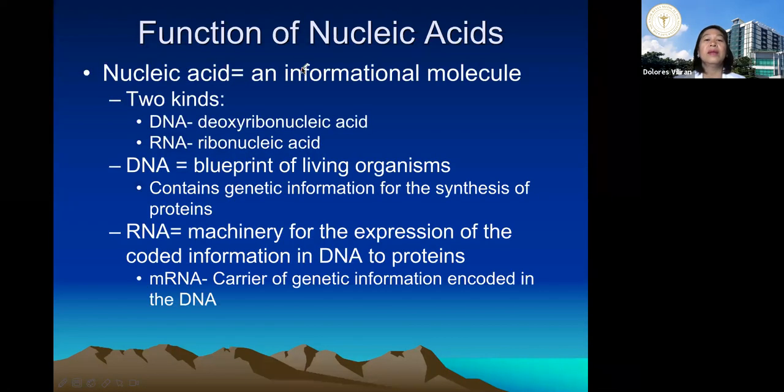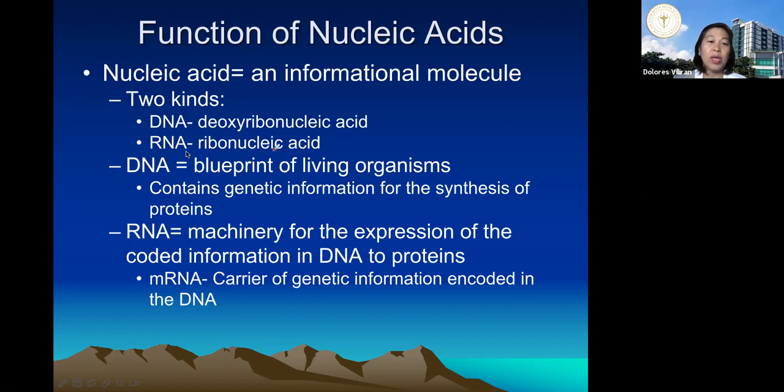So again, nucleic acid is considered an informational molecule, primarily of genetic information. And we have two kinds of nucleic acid, the DNA and the RNA, okay? DNA is deoxyribonucleic acid, while RNA is ribonucleic acid.